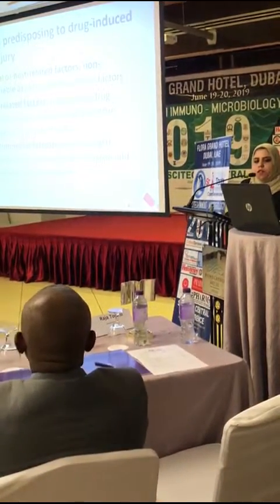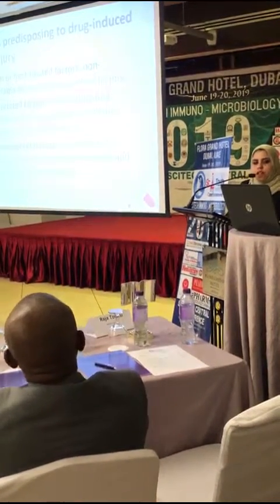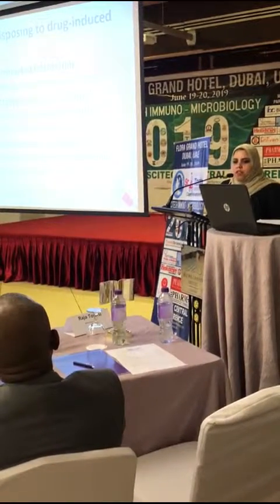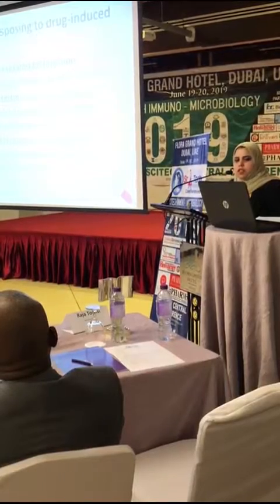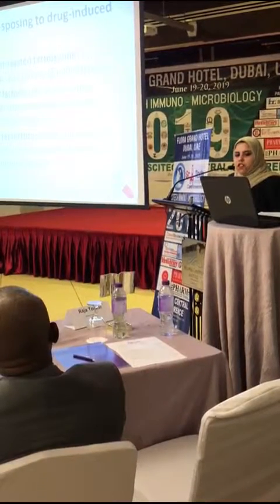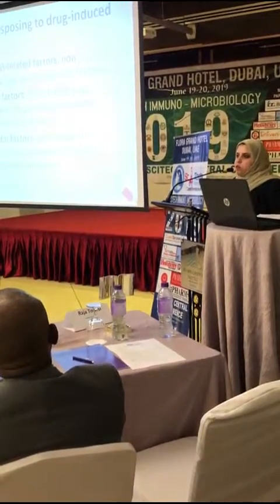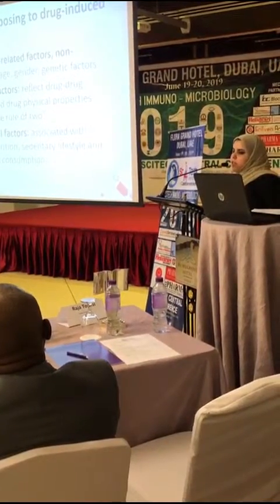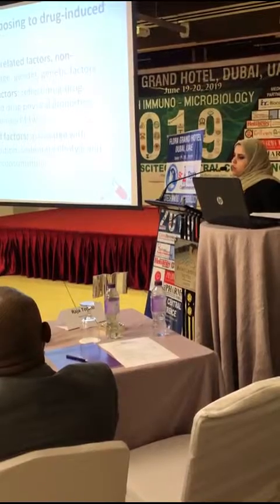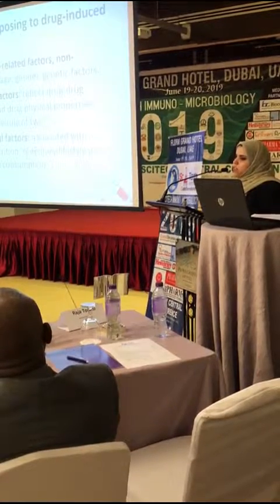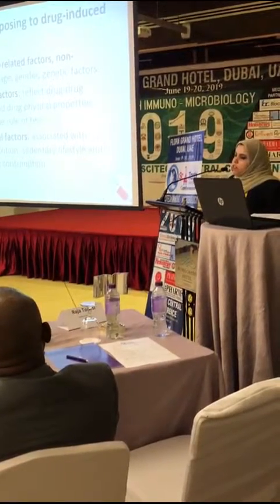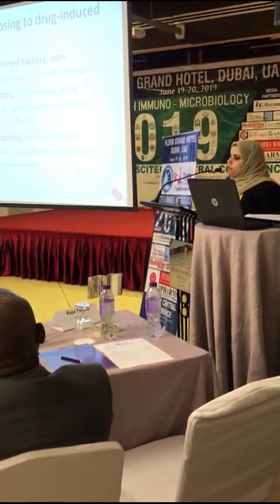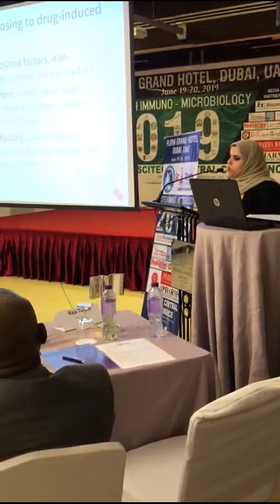So factors predisposing to drug-induced liver injury are either related to the host, like the non-modifiable factors, mean age, gender, and so on, each dependent on which drug is taken at this stage, like drugs prescribed to children differ from those prescribed to the elderly, but both may cause drug-induced liver injury.